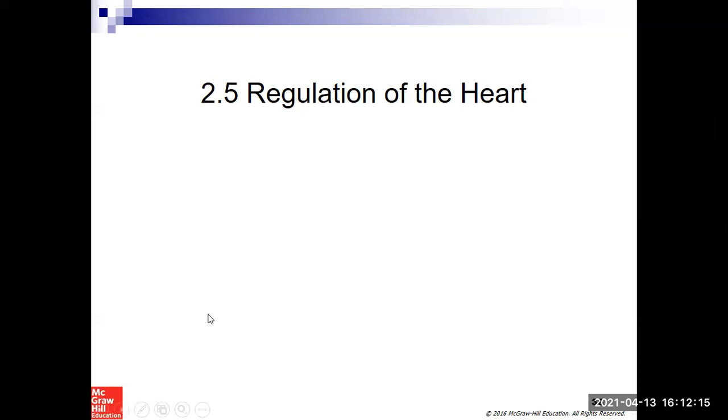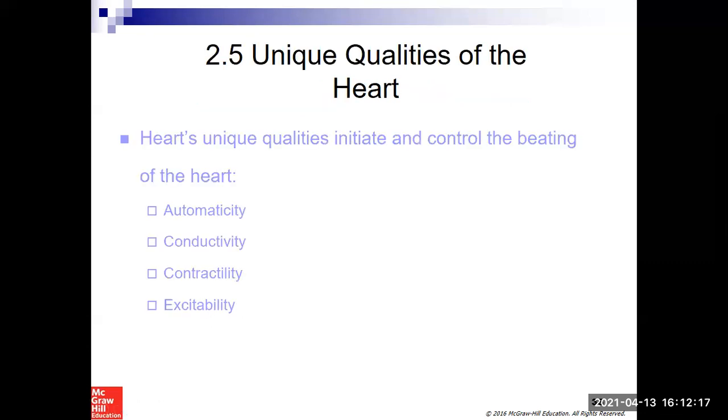So if we go back, we see automaticity, which is the ability of the heart to initiate an electrical pulse without being stimulated by another or independent source. It's automatic, just as it sounds. Then we have conductivity, which is the ability of the heart cells to receive and transmit an electrical impulse.